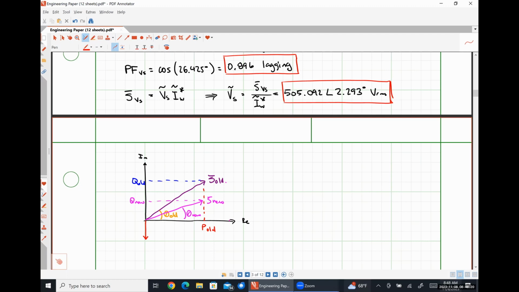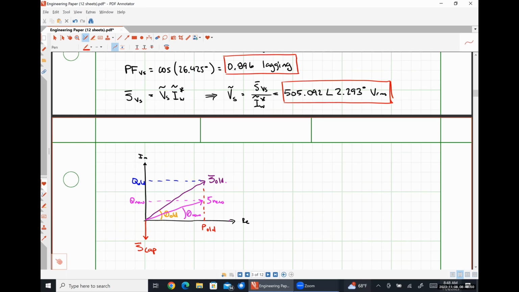What element do we know that's going to give us a negative absorbed reactive power with no real component whatsoever? A capacitor, absolutely right. So I'm going to call this down here S cap. So we're going to put a capacitor into our system in order to correct our power factor.